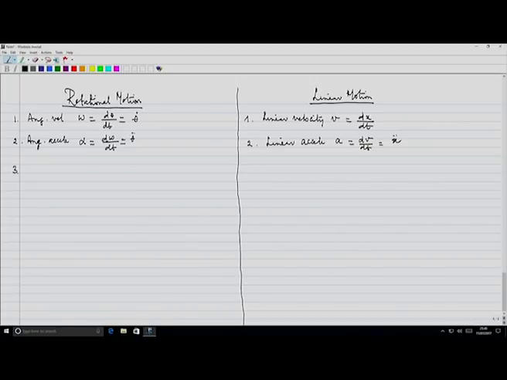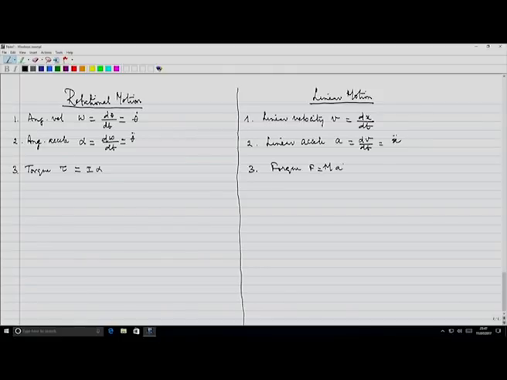Now, torque. Tau is equal to I alpha. Since we are considering mostly rotation about a fixed axis, that's why I am writing it this way; otherwise I need to put proper vectors. In linear motion, force is F equal to m into a.